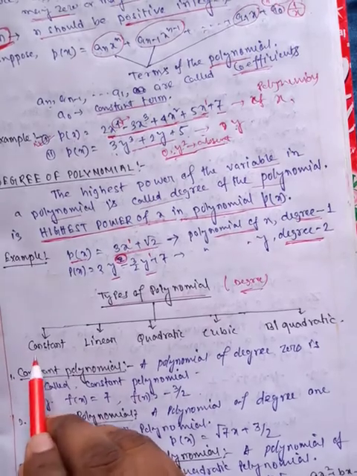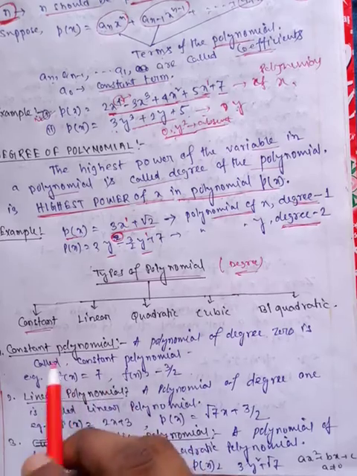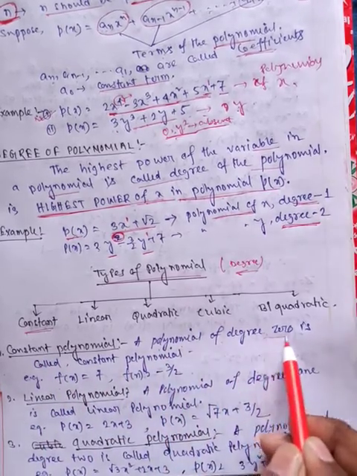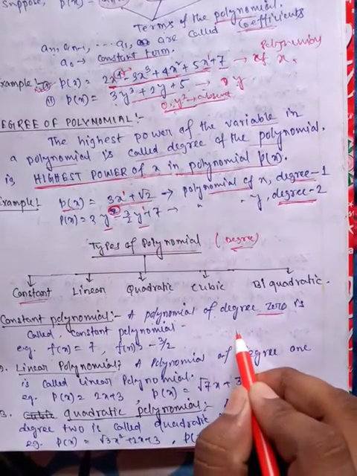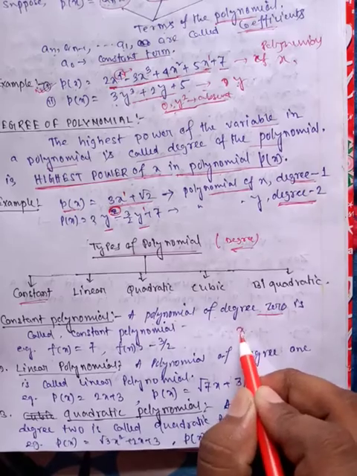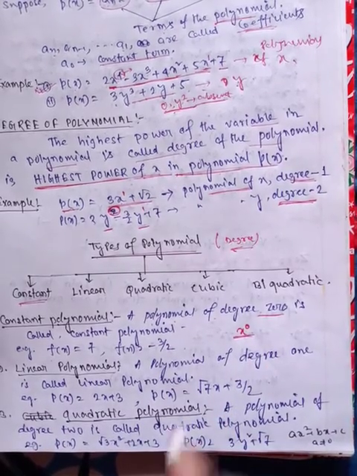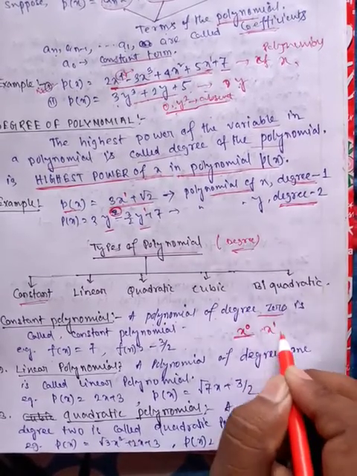Okay. Now first, the constant polynomial. Which type of polynomial is constant? The constant polynomial is a polynomial of degree 0. That means in the polynomial the maximum power of x is 0. So there cannot arise a term like x to the power 1 or x to the power 2.